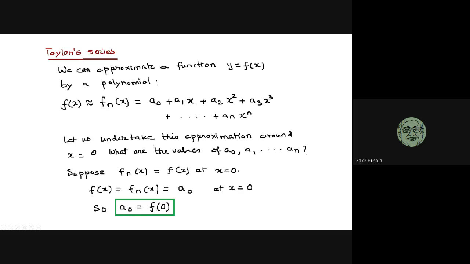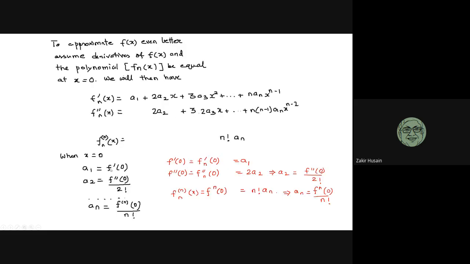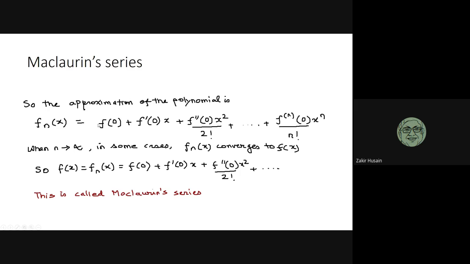So instead of a0, I've written f(0). Instead of a1, I've written f prime 0. Instead of a2, I've written this term. So I will get this expression. The polynomial becomes this.